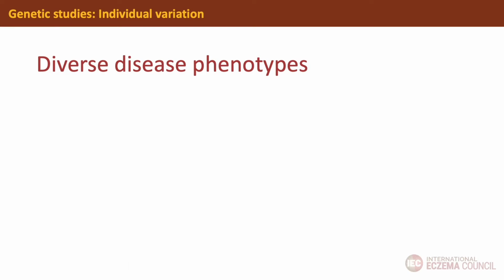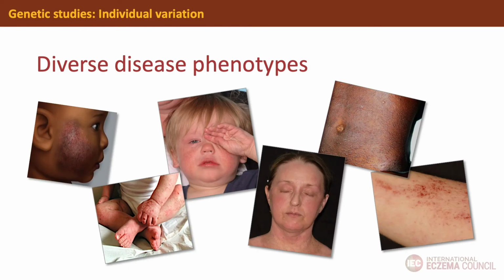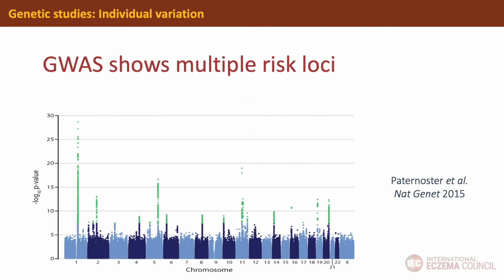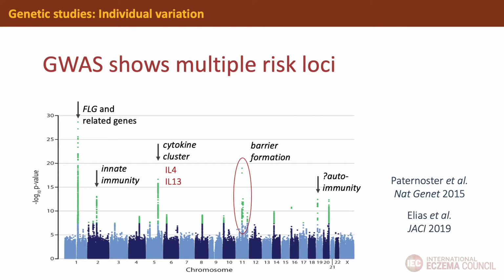We know that eczema is a very diverse disease, both in the presentation on individual patients and also the disease associations and trajectories of disease throughout life. In keeping with this very diverse trait, genome-wide association studies have shown multiple risk loci across the whole genome, encompassing genetic functions that make sense in terms of what we know about skin barrier dysfunction, as well as innate and acquired immunity.